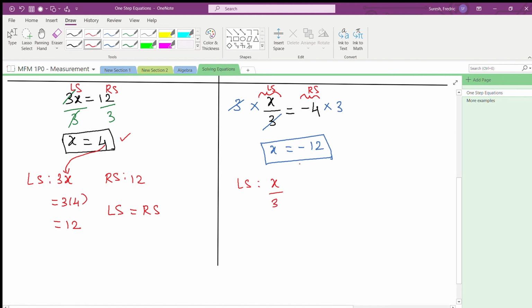Substitute this number right here: negative 12 instead of x, divided by 3, and that is equal to negative 4. From the original equation, the right side is negative 4. And we notice right away that the left side equals the right side.